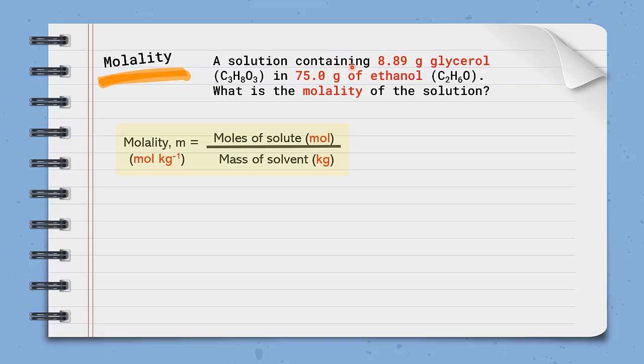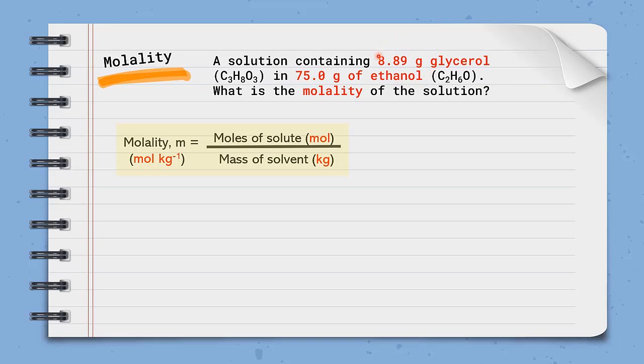After the word containing, it must belong to the solute, which in this case is the glycerol. Followed by in, here it refers to the solvent, which in this case is the ethanol. If the question already gives you specific chemicals to be the solvent, please use them. Don't assume all solvent is water.